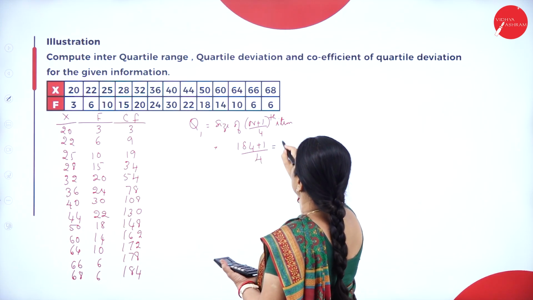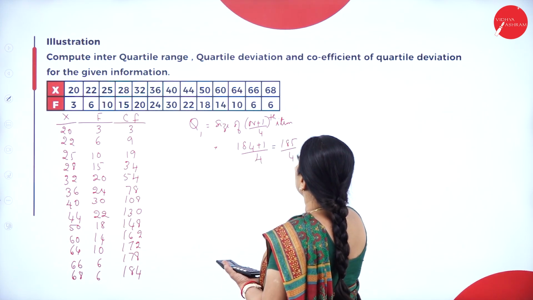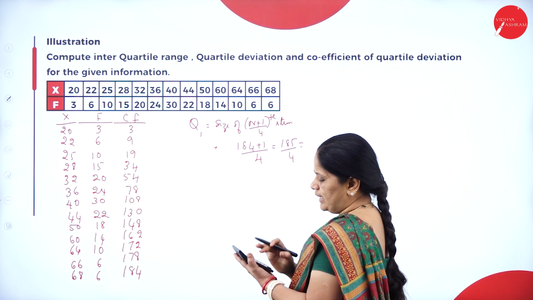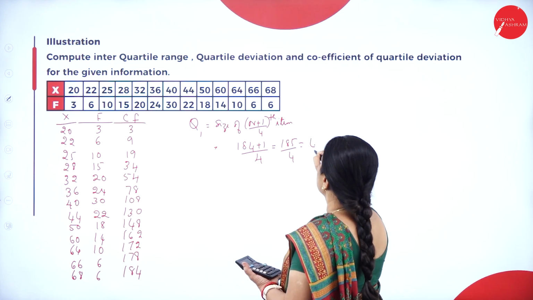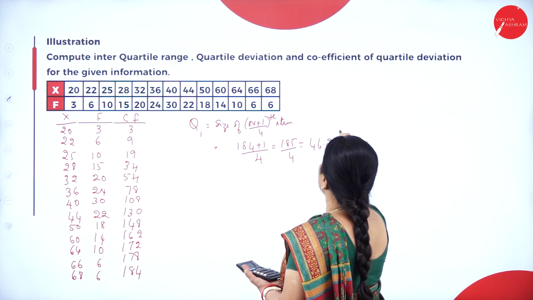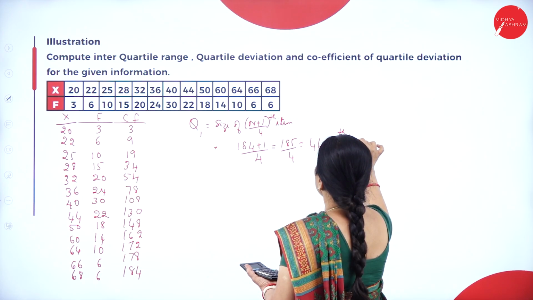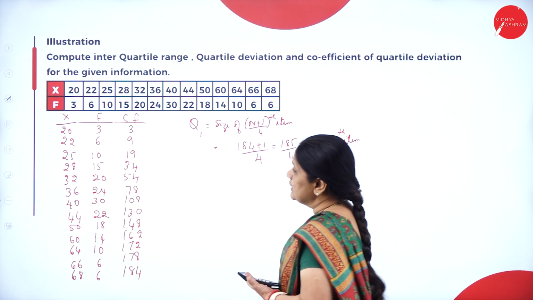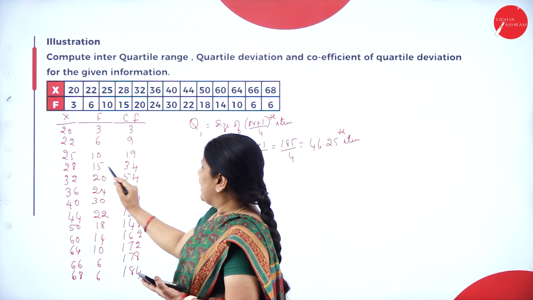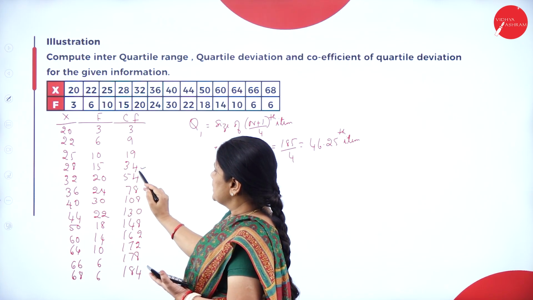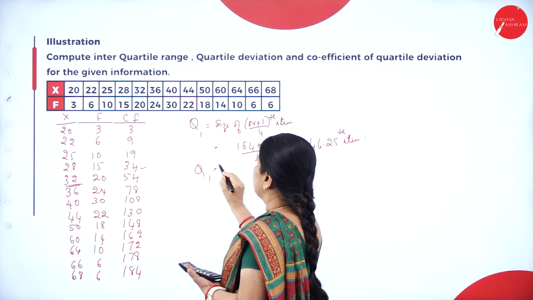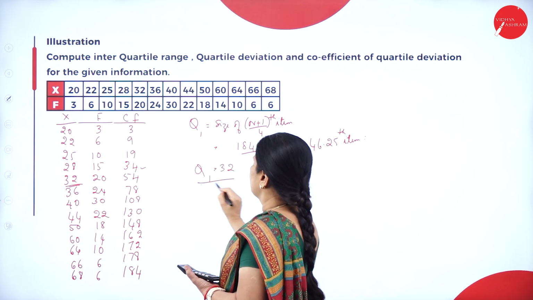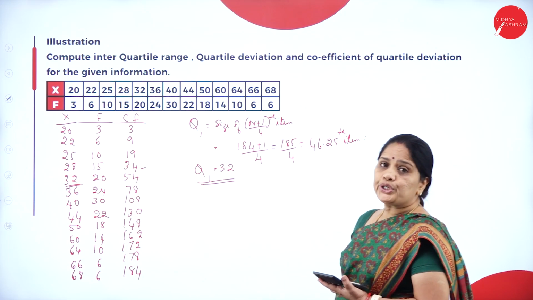So it comes up to 185 divided by 4, which equals 46.25th item. So now we have to identify here. Up to 28 values it comes here. From 34 to 54 it is the 32. The Q1 will be the 32.